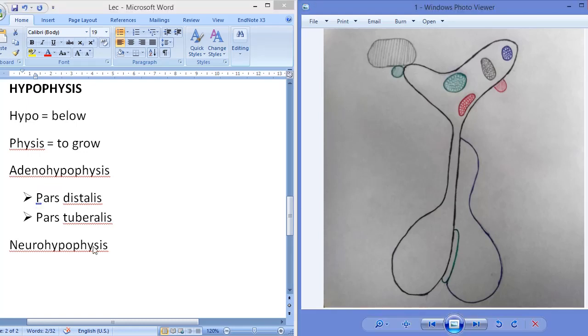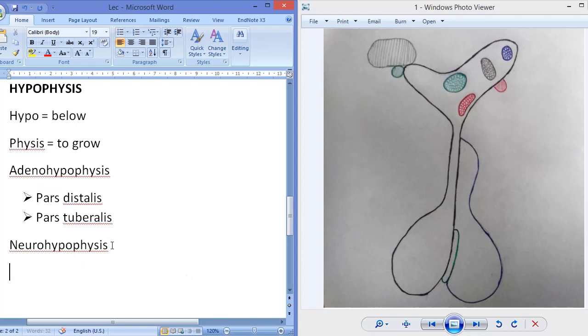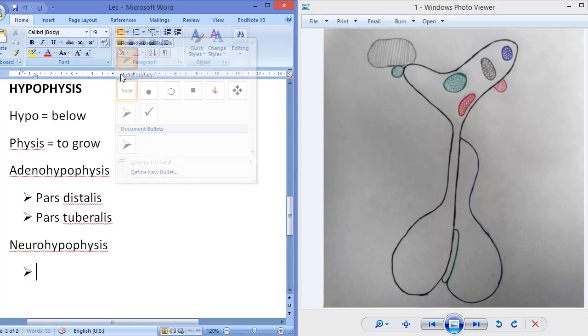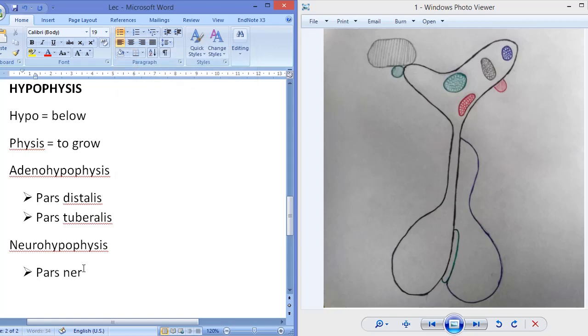Similarly, the neurohypophysis also contains two parts, just like the adenohypophysis. The neurohypophysis consists of pars nervosa, which is the distal part of the posterior pituitary gland, while this part is called infundibulum.